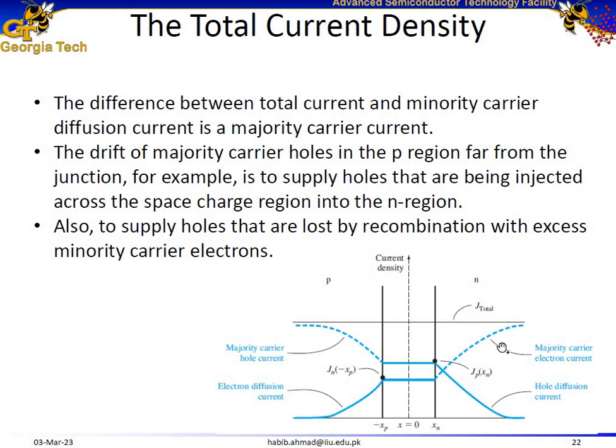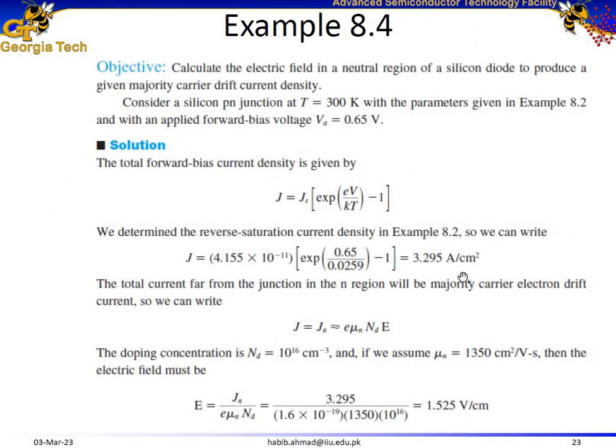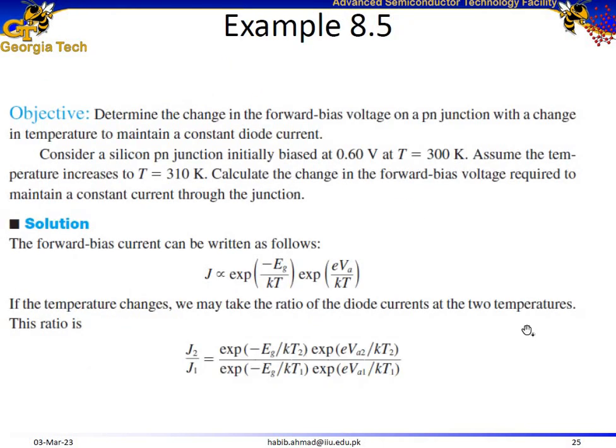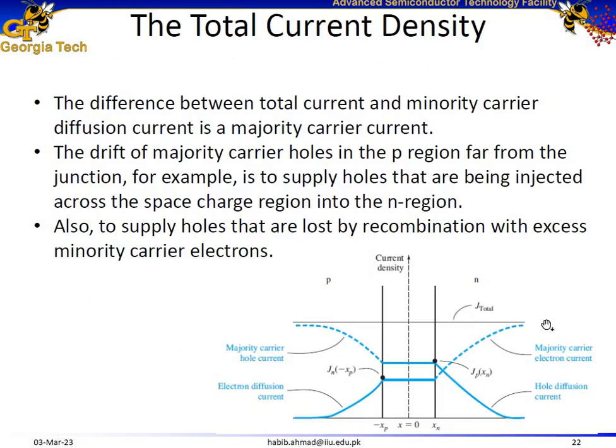So if we calculated the total current density, we can assume any point, and it would be the same. So just assume that the total current density at this point is going to be the same, 3.295 amps per centimeter square.